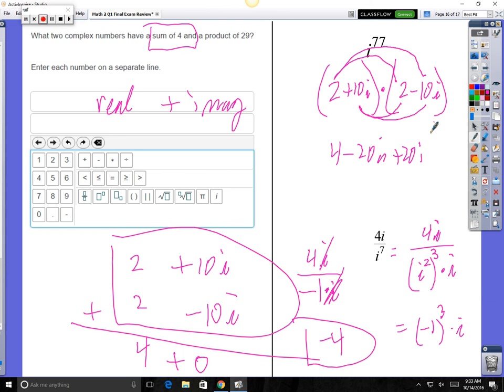And 10i times a minus 10i is a minus 100i squared. And i squared is a -1. So that's really a plus 100. And your i's are 0. And the 4 plus 100 is 104. So we just created 104.